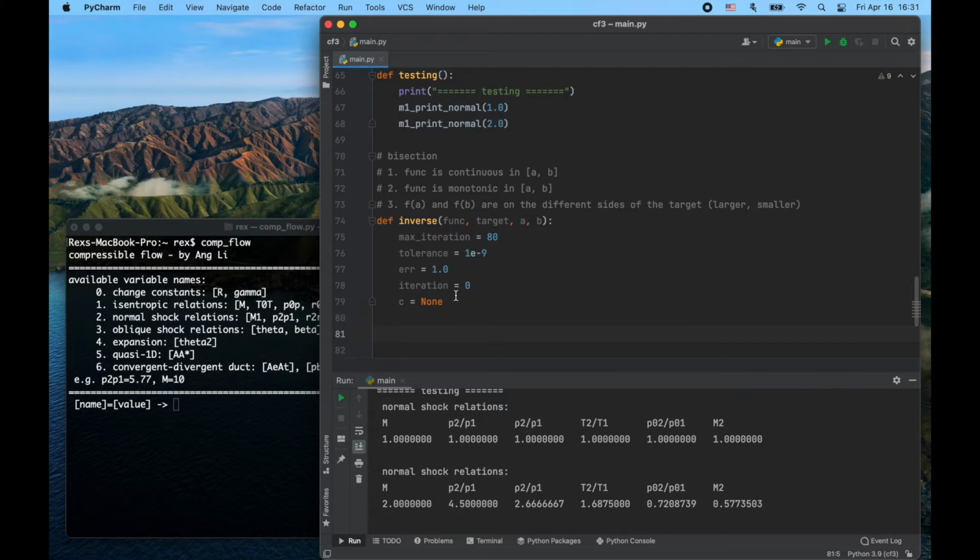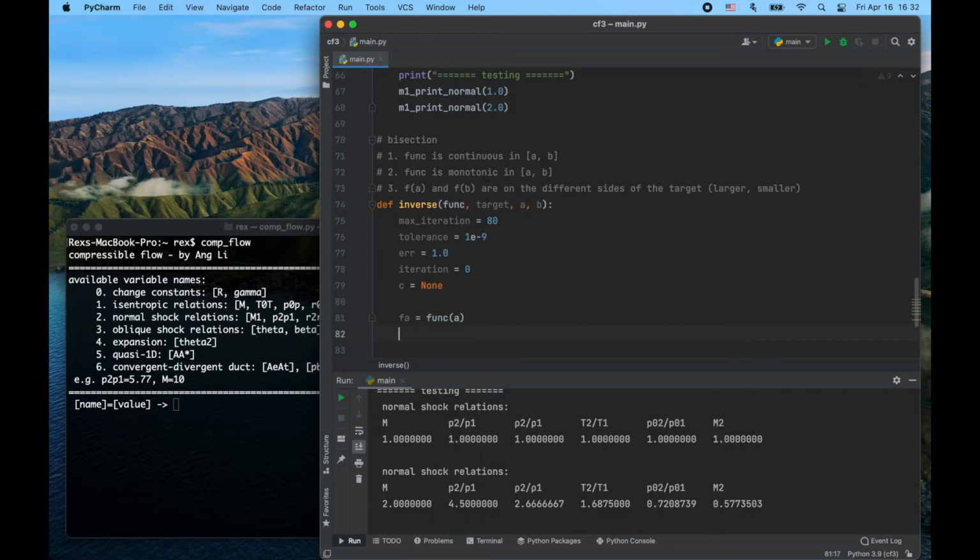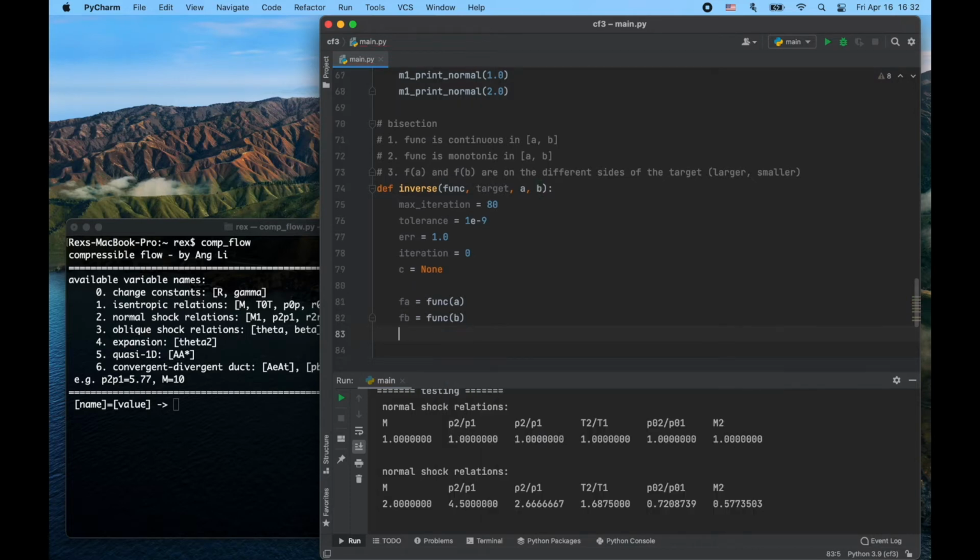Before we start the algorithm, we have to make sure that FA and FB are on different sides of the target. So FA is the function passing A, and FB is the function at B. We have to make sure that FA and FB have some values instead of just None.